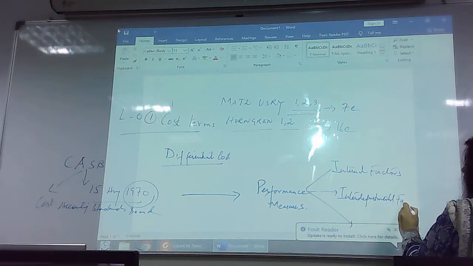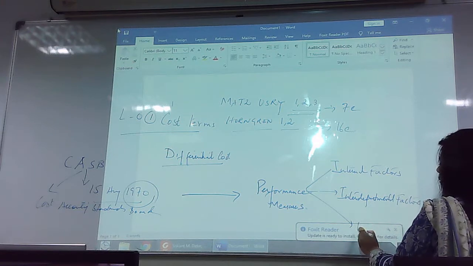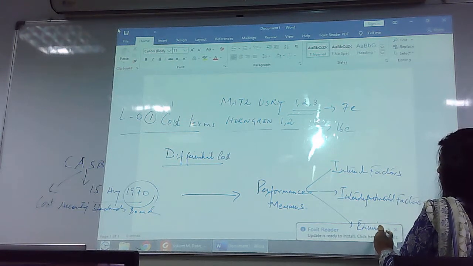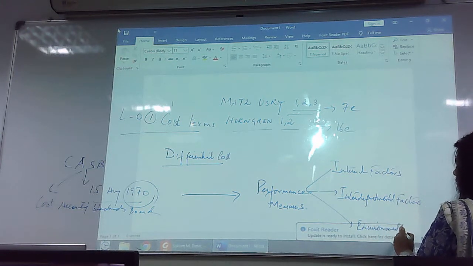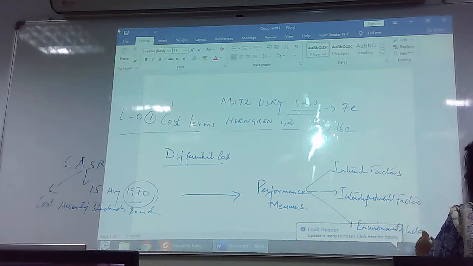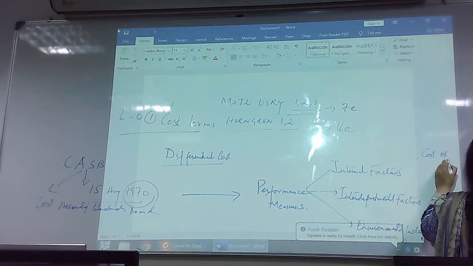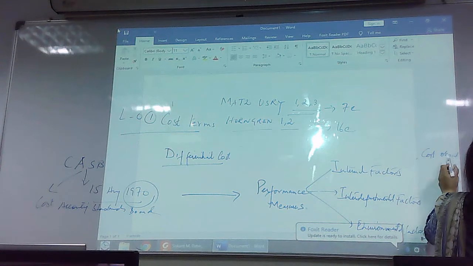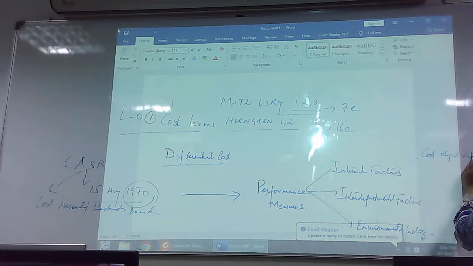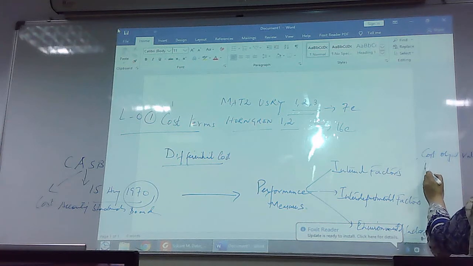So we have interdepartmental factors and we also have environmental factors. What could be the internal factors, like cost object product or cost object valuation, productivity?